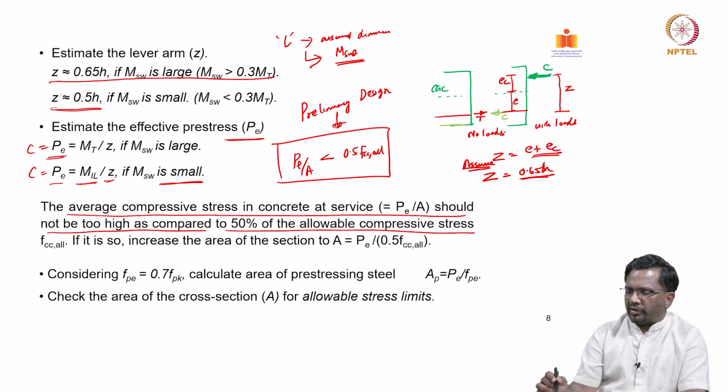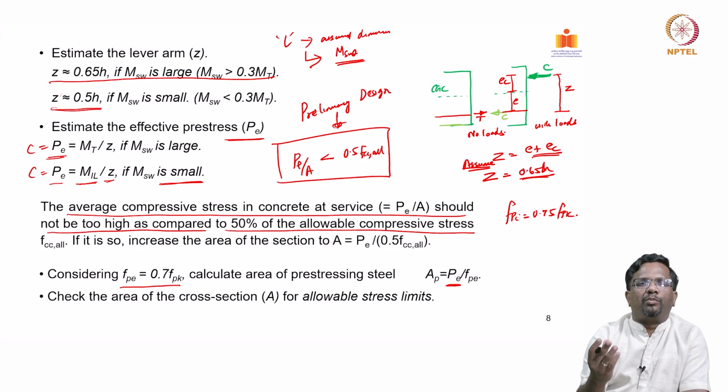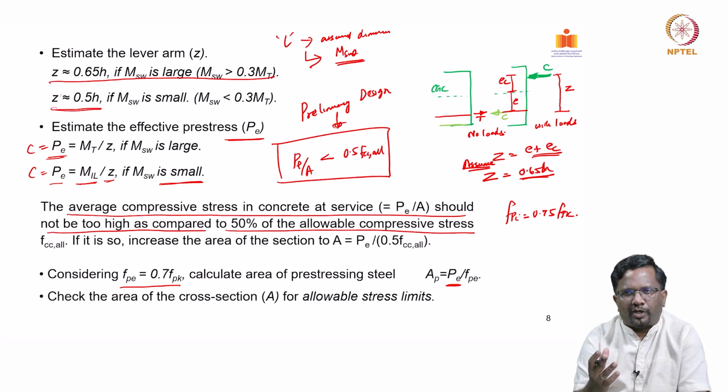Now once PE is known, I can take effective prestress as 0.7 times FPK. If we go back, FPI we take it to be 0.75 times FPK. Now here I am saying that some losses, 5% losses would have happened.